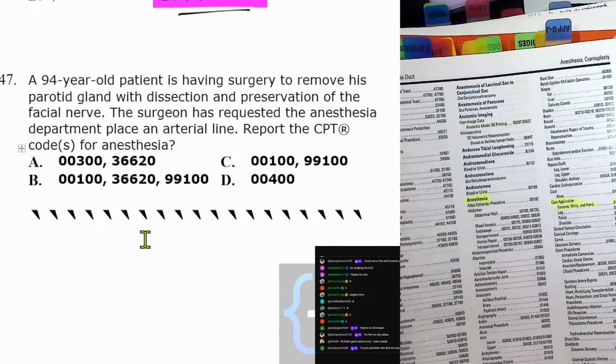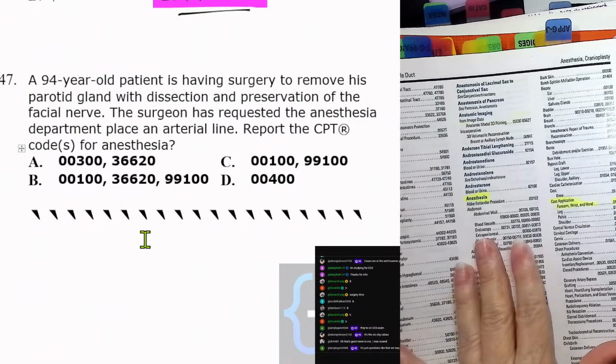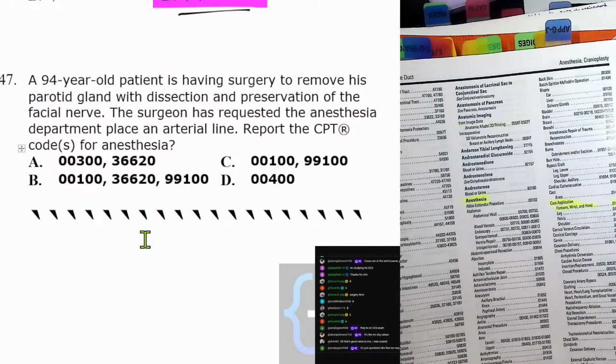The gallbladder, and it'll tell you which code it is, the answer, without you having to decide whether you're upper or lower abdomen and picking the correct code. So highly recommend you guys look at your anesthesia section in your alphabetical index in the back of the book.